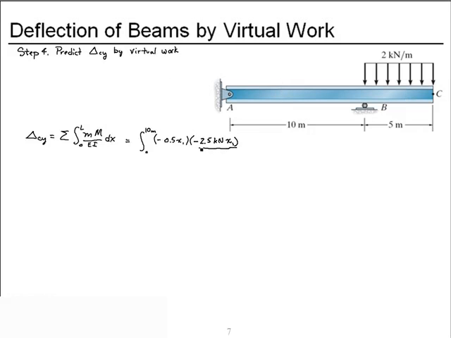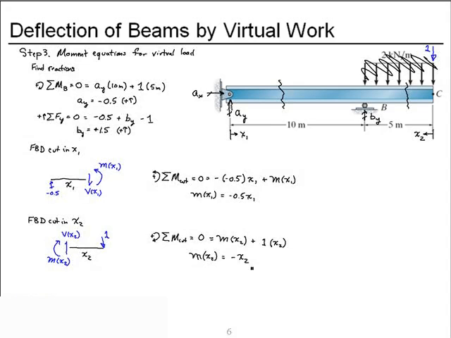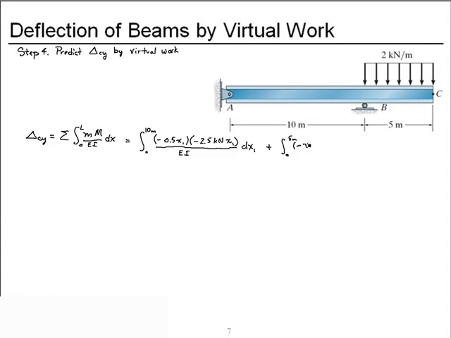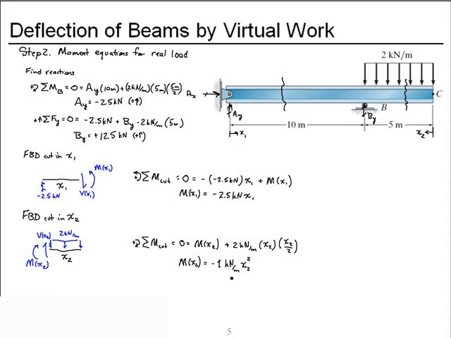We divide that by EI and integrate over dx1. Now for the other piece, B to C, we integrate from 0 to 5 meters. Our moment due to the virtual load was minus x2, and due to the real load, minus 1 kilonewton per meter times x2 squared.